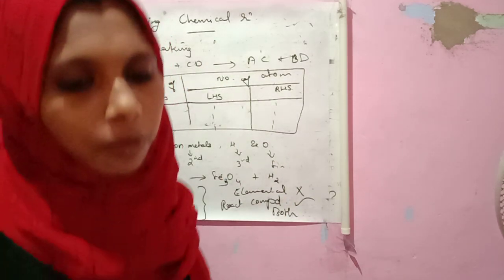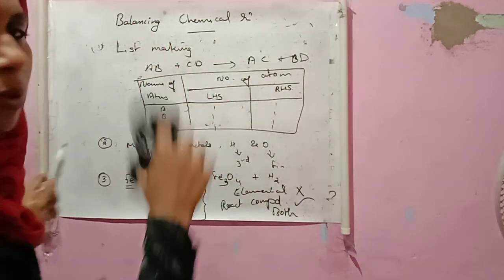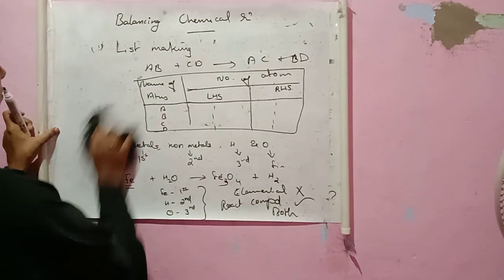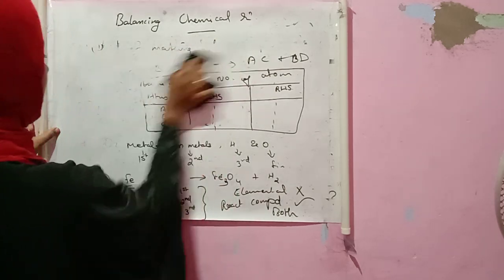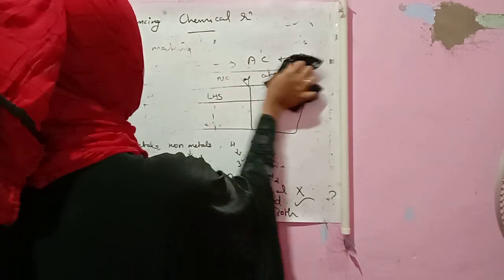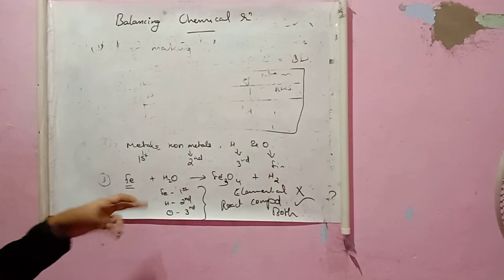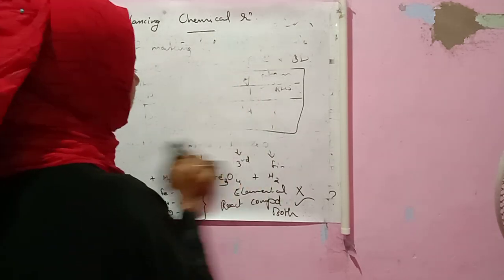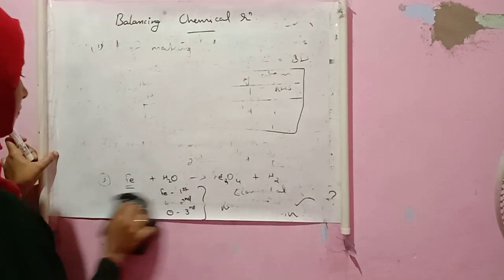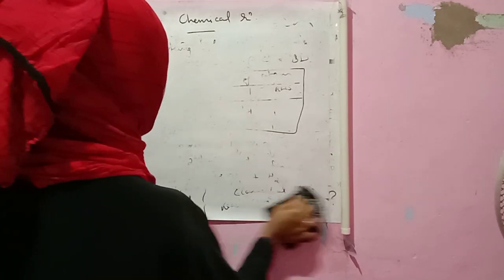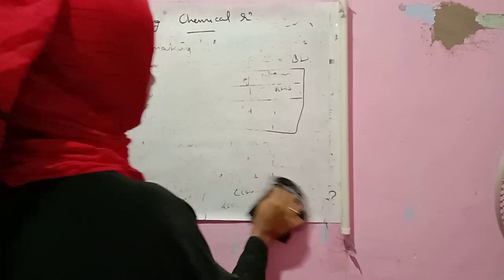Now let's move on to balancing a chemical reaction using these rules. First I am taking a chemical reaction. It is easy to start from the first.